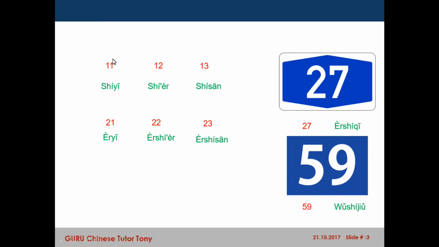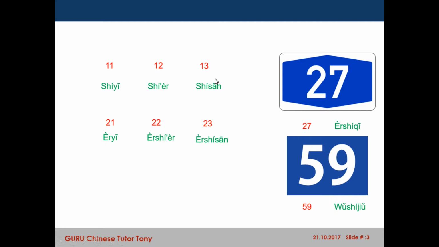Now we're going to look at numbers more than 10, which follow a rule. 11 is 十一: 十 is 10 and 一 is 1, so 10 and 1 is 11, 十一. And 12 is the same, 十二, 10 and 2. Then 13 is 10 and 3.